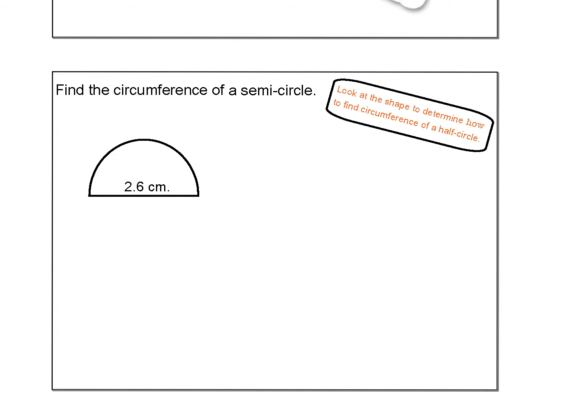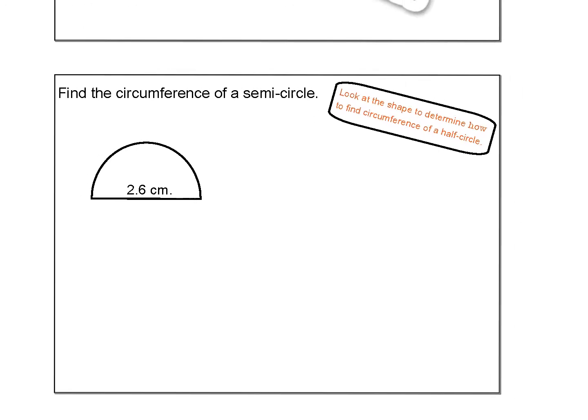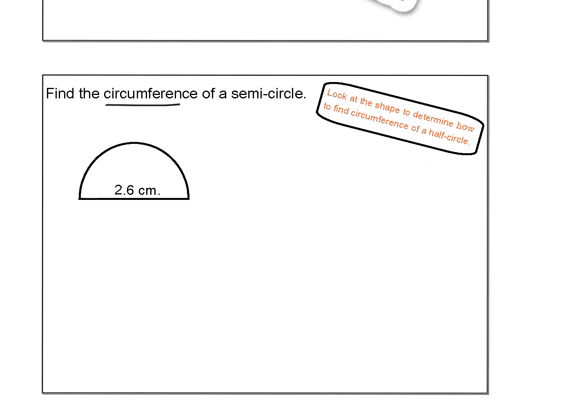So the first thing is whenever we're finding circumference, we want to write down that formula, right? Our formula for circumference is C equals pi times diameter. But this is a half circle, right? It's not a full circle. If it was a full circle, it would look like that. And it's not a full circle, so we have to divide it by 2 because it's half of a circle.